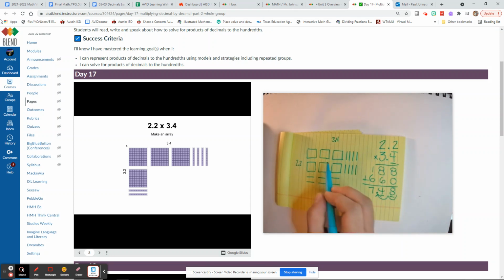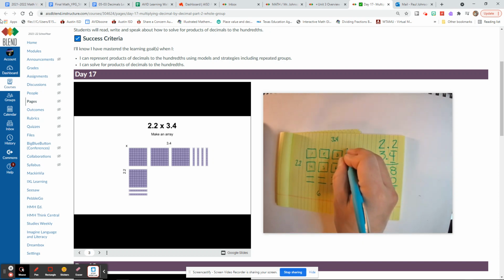All right, so I'm looking at 2 and 2/10, 2 and 2/10, 2 and 2/10. There's 3 groups of 2 and 2/10. Now I'm making the 4/10 groups of 2 and 2/10. So I'm also going to use hundredths. All right, so if you look at that, we have 1, 2, 3, 4, 5, 6 wholes.